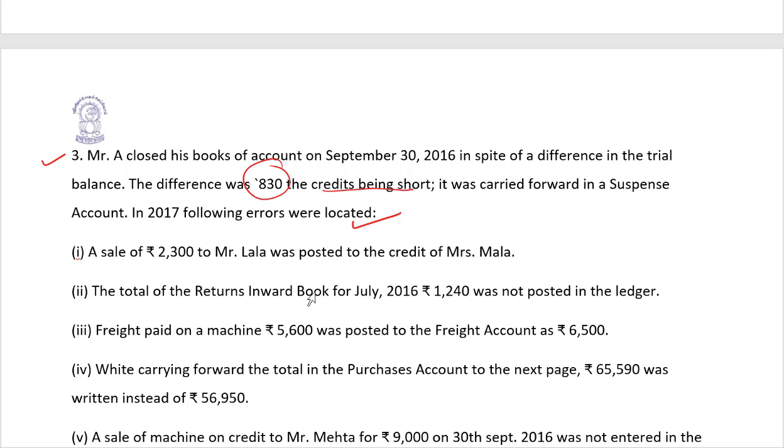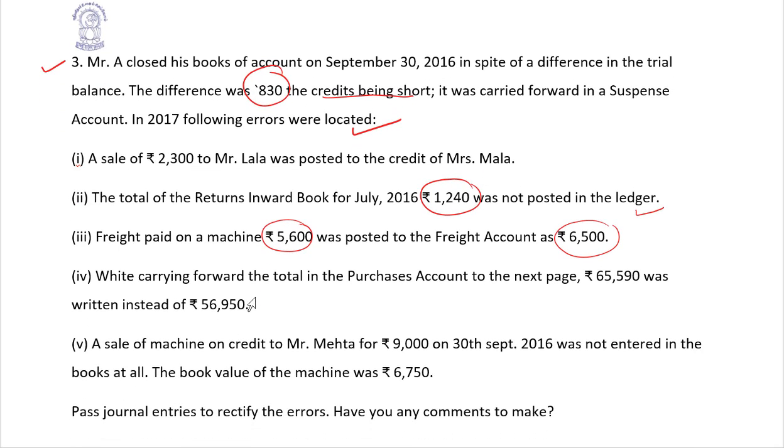Second, the total of the return inward book for July 2016, 1240, was not posted in the ledger. Error of omission. Freight paid on machine 5,600, posted to freight account, error of commission. While carrying forward, the total of purchases account on the next page, 65,590 was written as 56,950, error of commission.